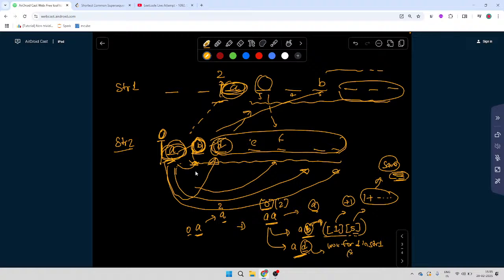If we could not find it, return 0. Maybe return 1, right? Return 1 because D is there in the string.